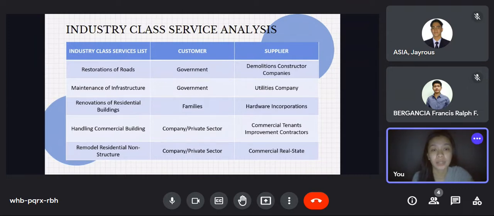And in the supplier, we have the demolition constructor companies, utilities company, hardware incorporation, commercial tenants, improvement contractors, or the commercial real estate. So as you can see in this slide, it talks about the industry class service analysis, which facilitates a company's understanding of its position relative to other companies that produce similar products or services. It also helps understand the processes at work in the overall industry, which is an important component of effective strategic planning.